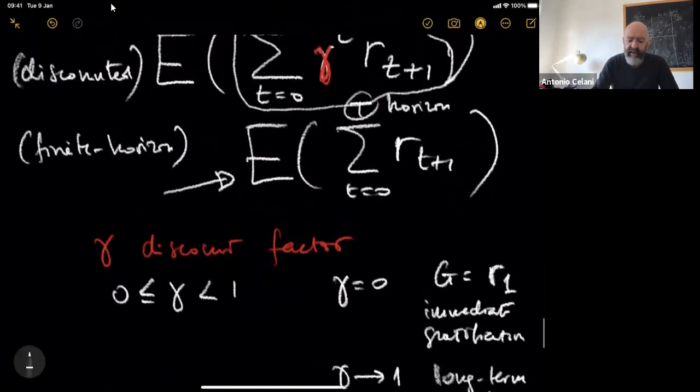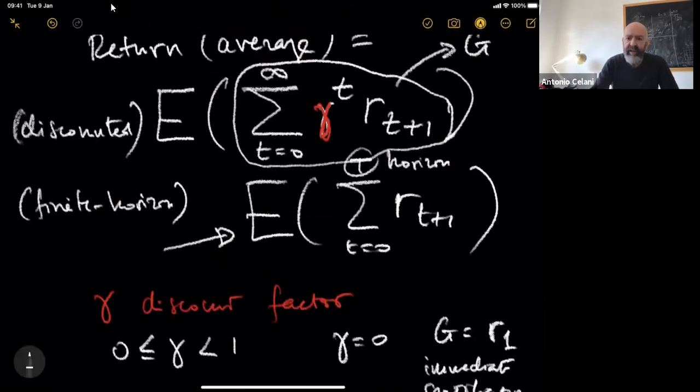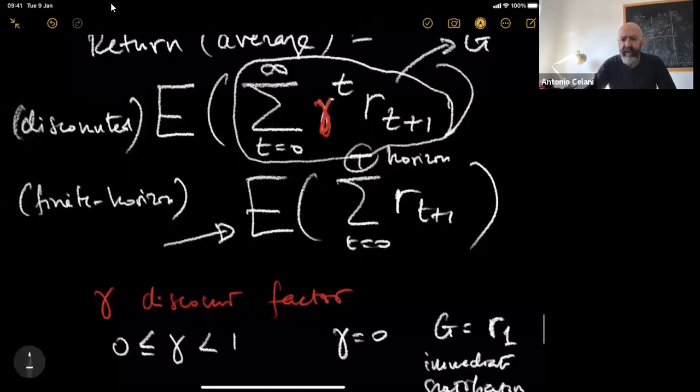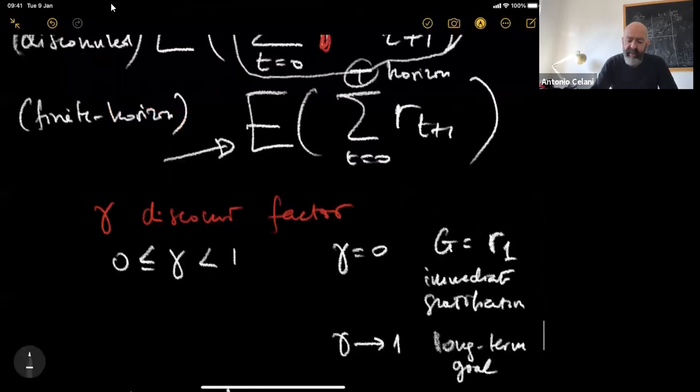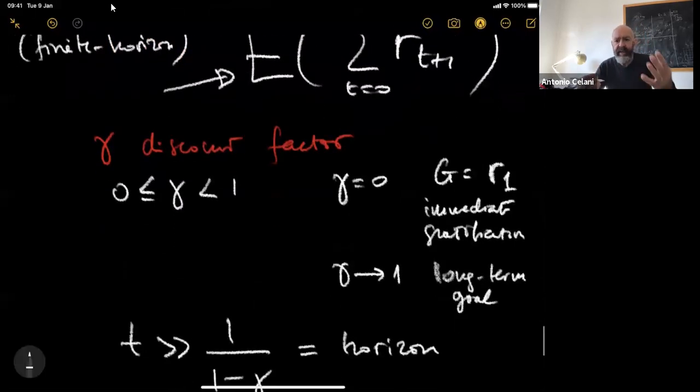Okay, so this series here is exponentially cut off at times which are larger than this. So this also can be called the horizon. It plays a similar role to this capital T, only in a different way. It's a sort of more smoothed version of a hard deadline.